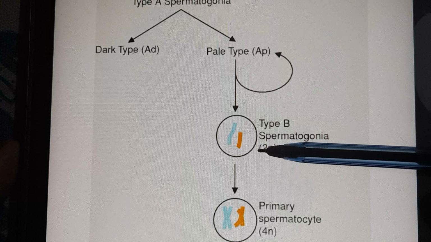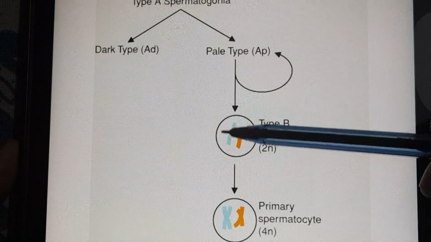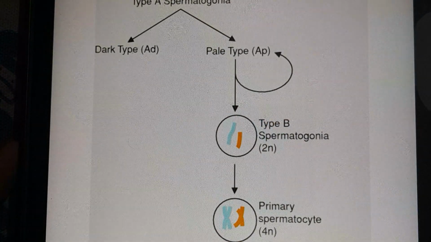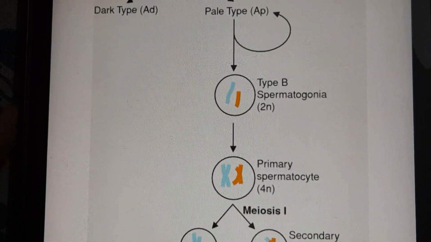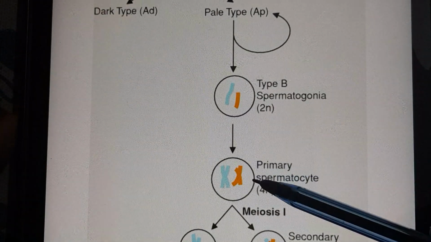Then the type B spermatogonium, which is still diploid, is going to be converted via mitosis into the primary spermatocyte. It is still diploid here.